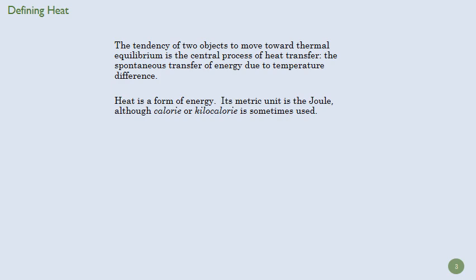We measure heat as a form of energy, so its units are in joules. Sometimes you'll see calories or kilocalories used. When you look at a food material and it tells you how many calories you have, that's essentially a measure of heat energy, right? How much energy is in that food that your body's going to be able to withdraw from that food.